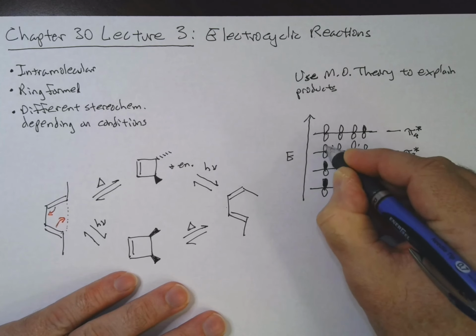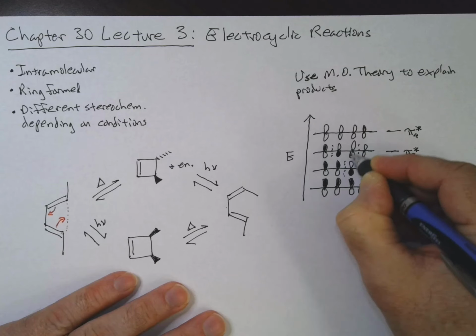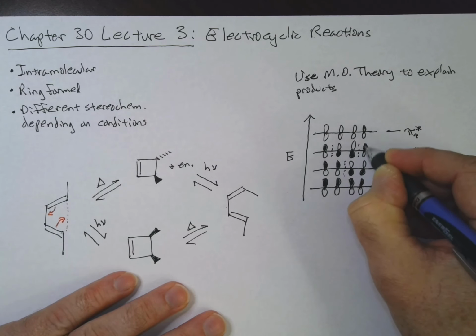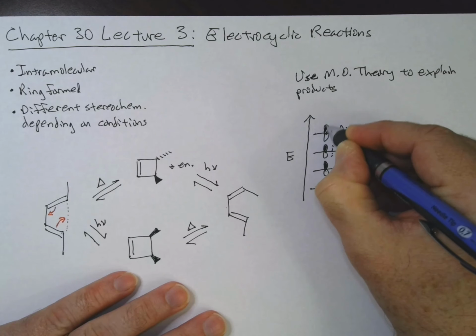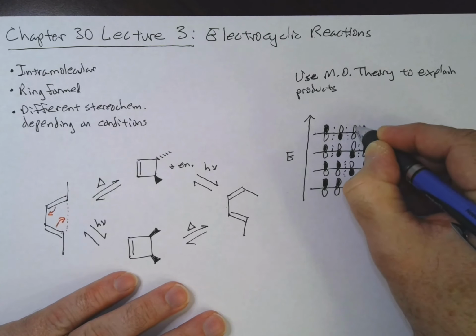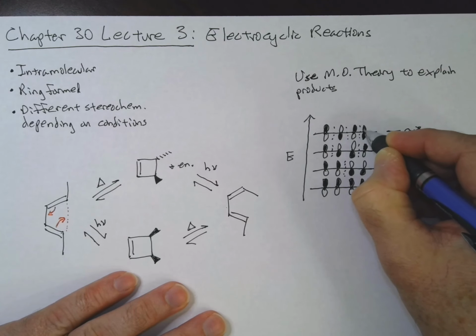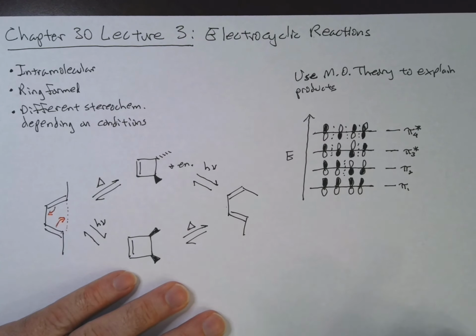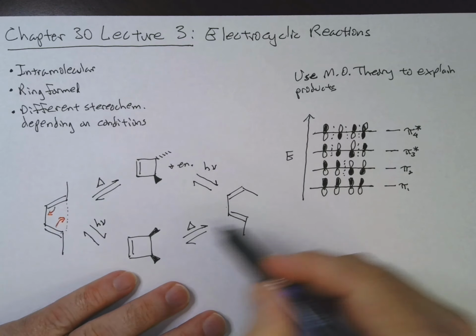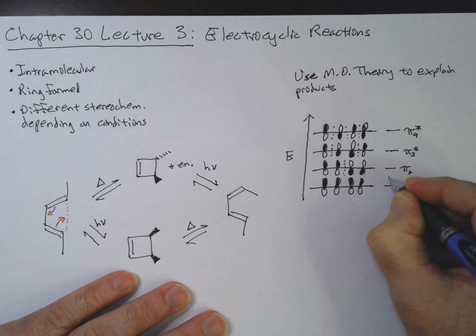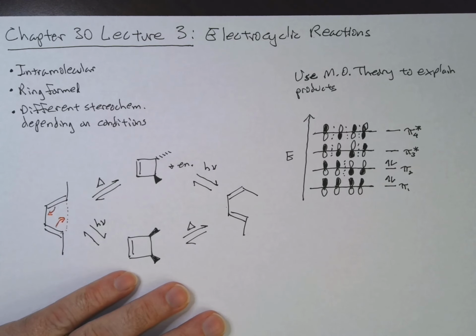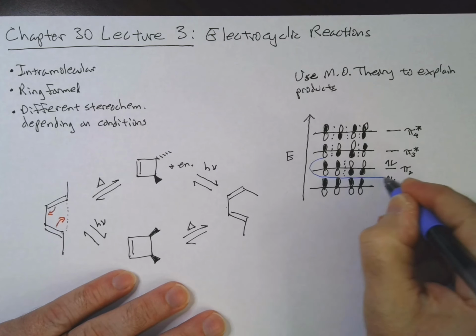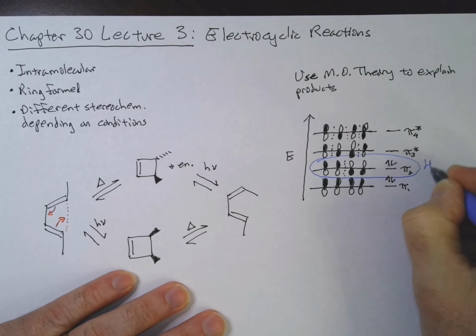Pi 3, we'll have two nodes. And pi 4, we've got nodes everywhere. And of course we've got 4 pi electrons, 1, 2, 3, 4 pi electrons, and this is our HOMO.